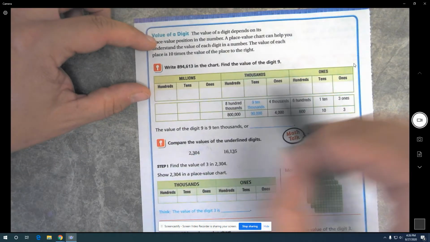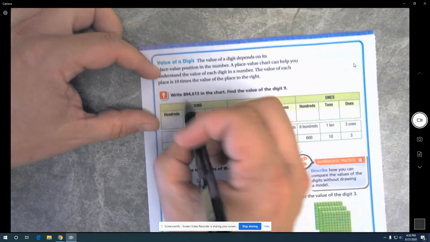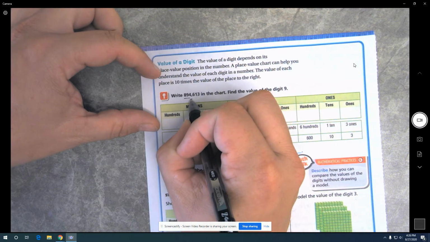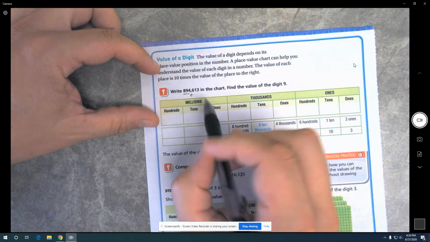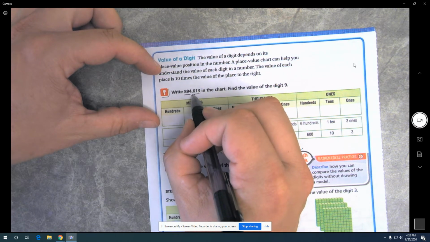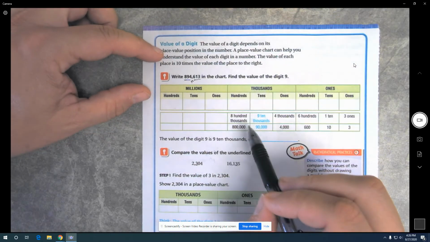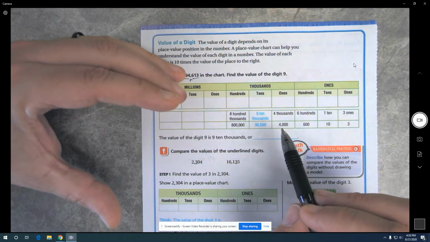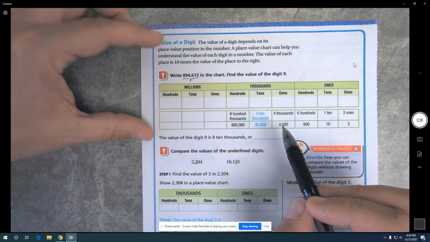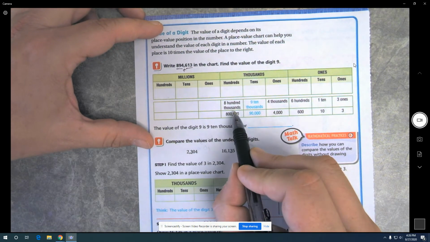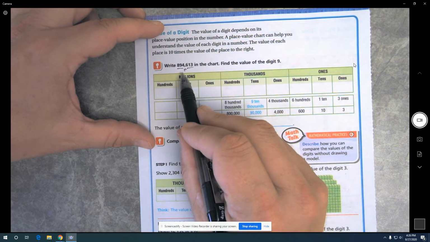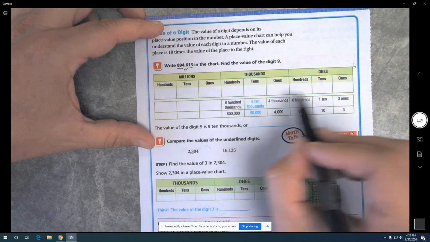So they want us to write 894,613 into this chart. Now, they actually did this one for us. They're always going to start off by doing a lot for us, and they start requiring us to do more. So they've put part of it here, but we actually need to write these digits in these places.